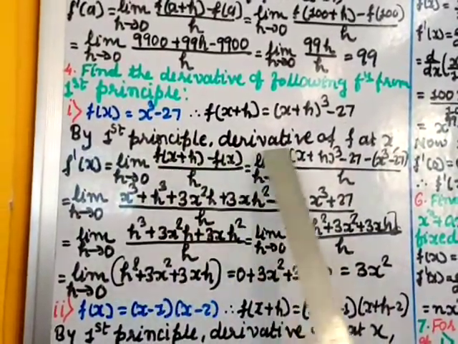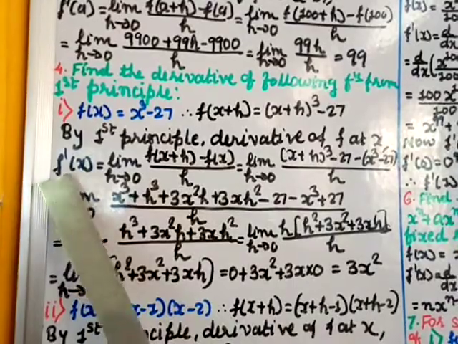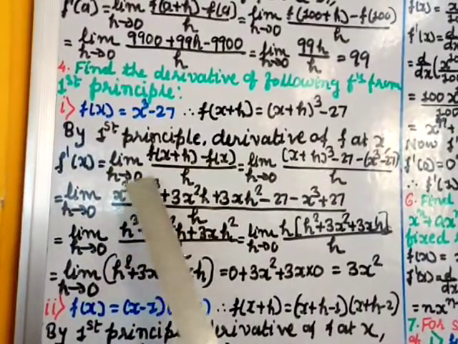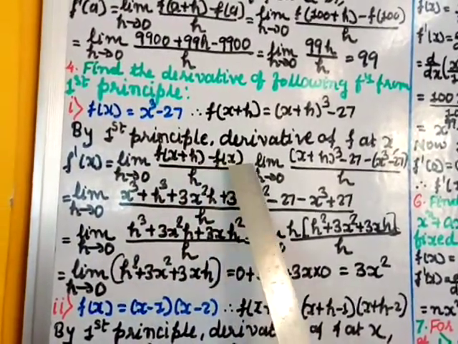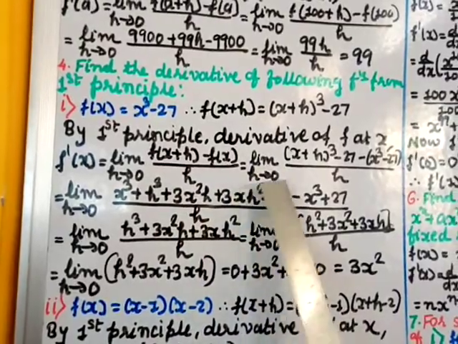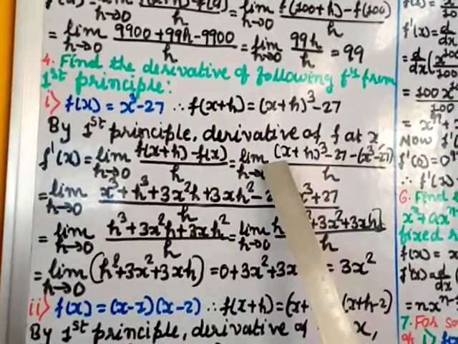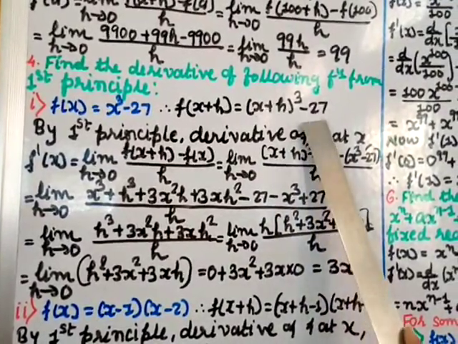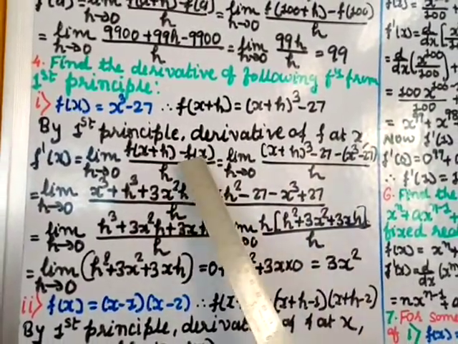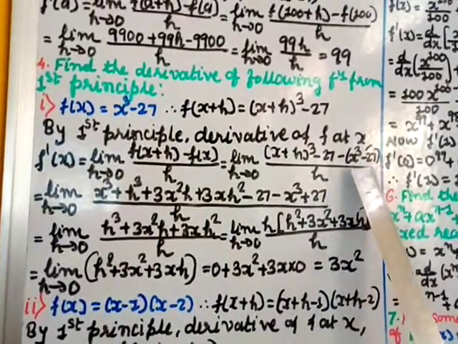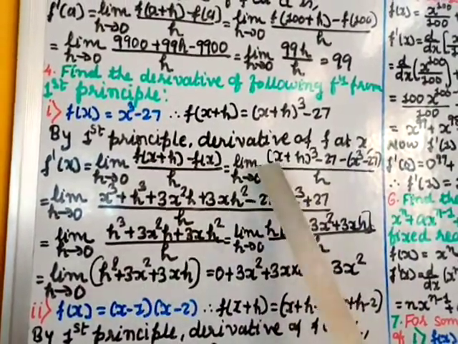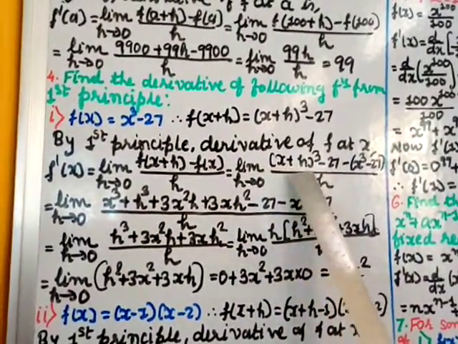Now by first principle, the derivative of f at x is given by f dash x equal to limit h tends to 0 of f of x plus h minus f of x, by h, equal to limit h tends to 0. Put the value, f of x plus h is this much, so x plus h whole cube minus 27, minus f of x, that is this much, so x cube minus 27, divided by h. Expand this using a plus b whole cube.